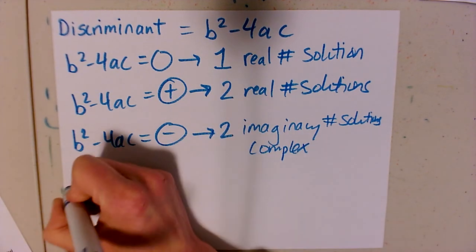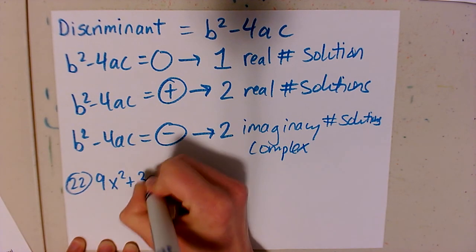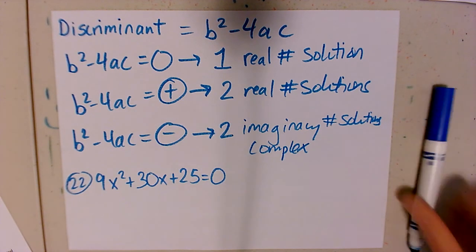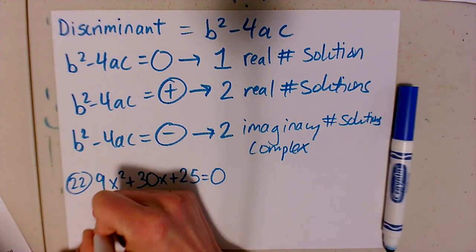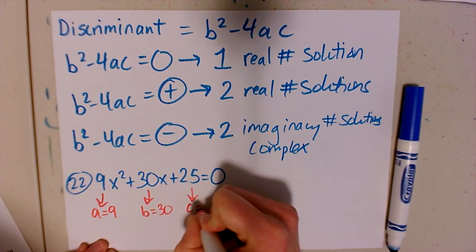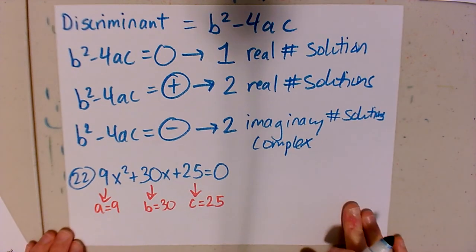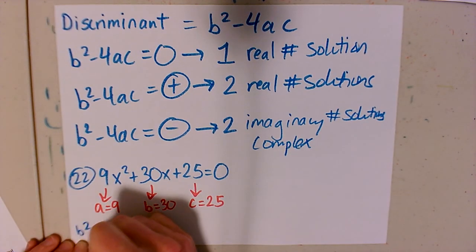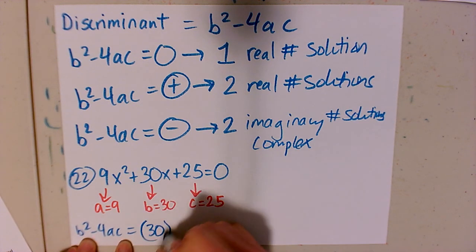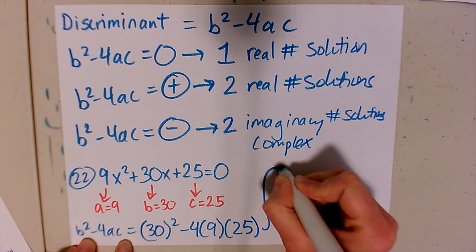So for example, for number 22, we have 9x squared plus 30x plus 25 is 0. Okay, so a is 9, b is 30, and c is 25. So b squared minus 4ac, that's all I'm figuring out. So that's going to be 30 squared minus 4 times 9 times 25.